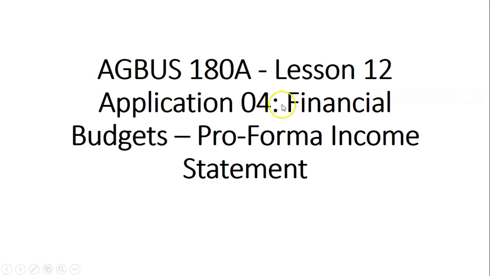This is Ag Business 188, Lesson 12. The title of the lesson is Application Number 4, and the application series is a series of lessons that we finish up the semester with. There are 6 of them, and we go through all 6 of these lessons during the last part of the semester.